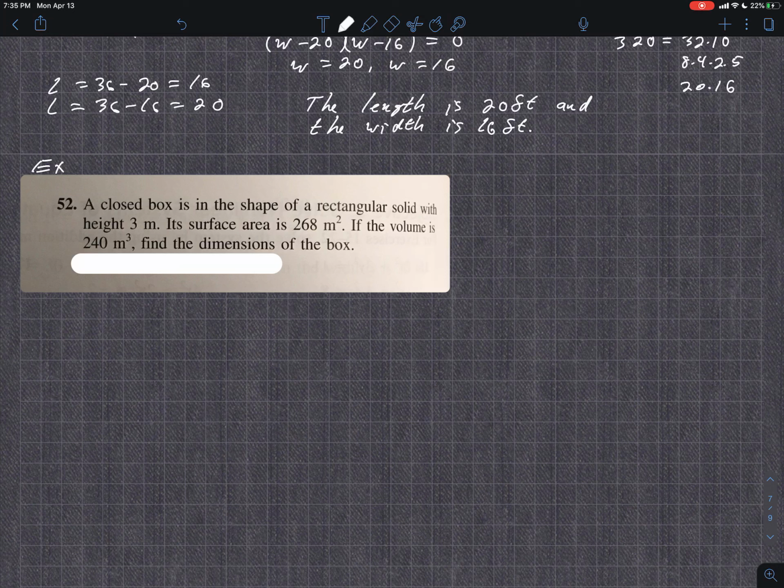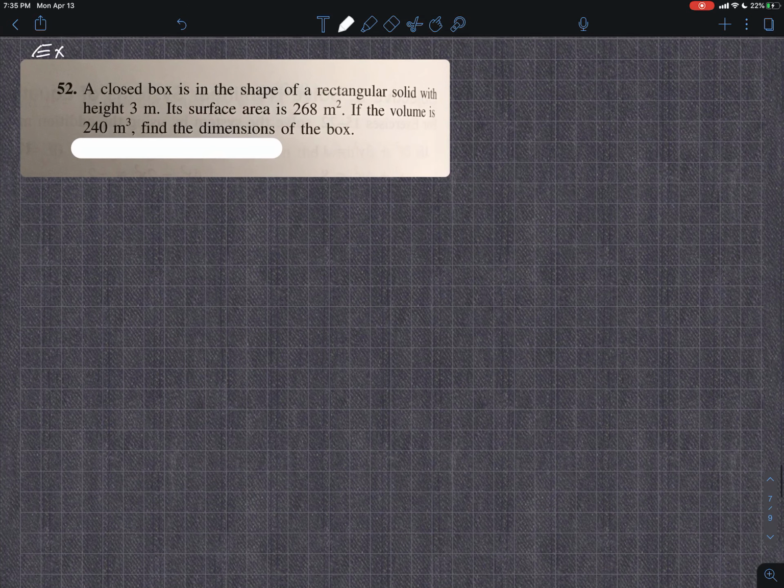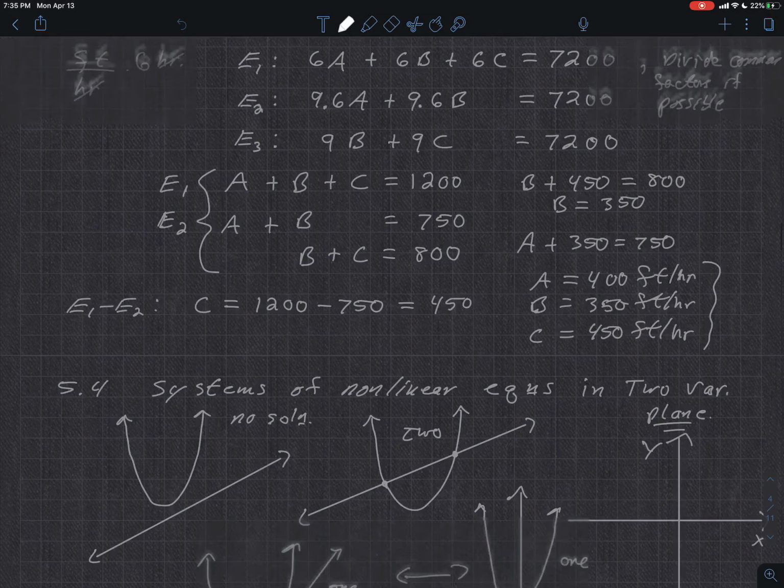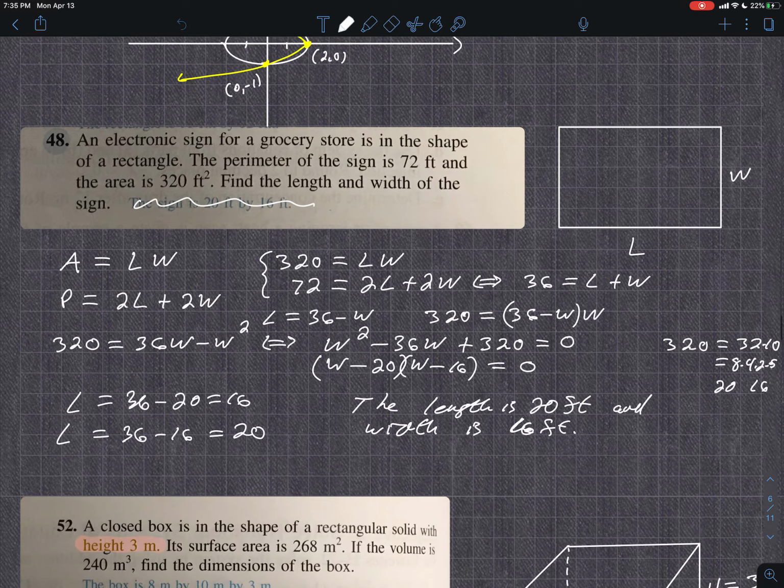Okay, so the setup is very similar. Some of the formulas you'll want to write down is the volume is length times width times height, and the surface area. So look some of that stuff up and see if you can figure it out. I'm going to go ahead and just show you the solution, and we'll talk about it a little bit.